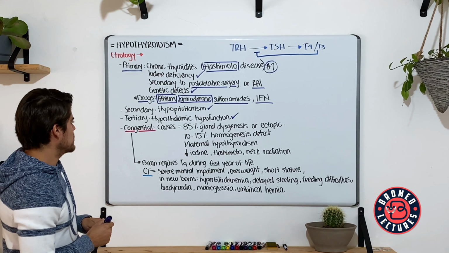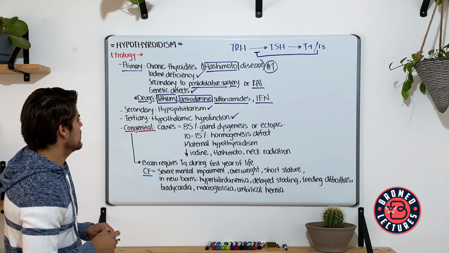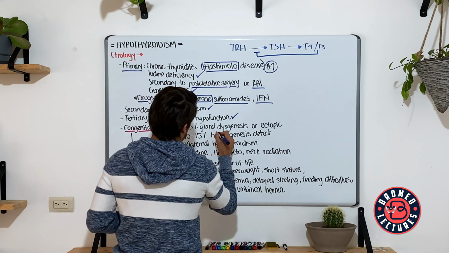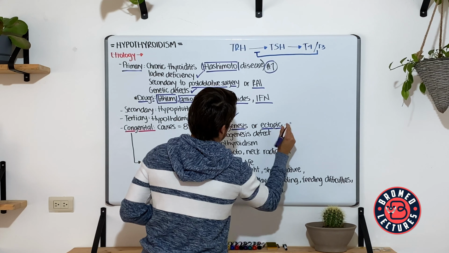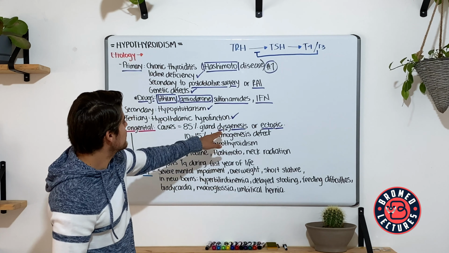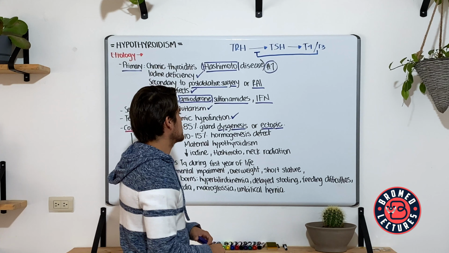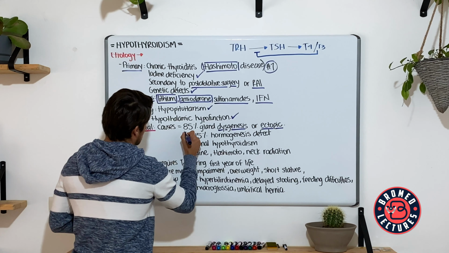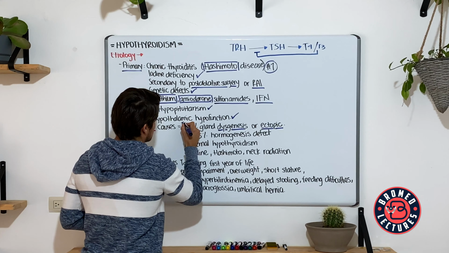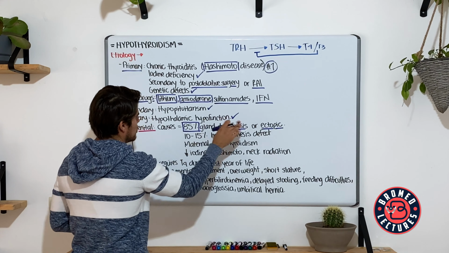So 85% of these patients are going to be due to either a dysgenesis of the gland or an ectopic gland. This is an alteration in the formation of the gland or in migration of these cells to where they should be located.